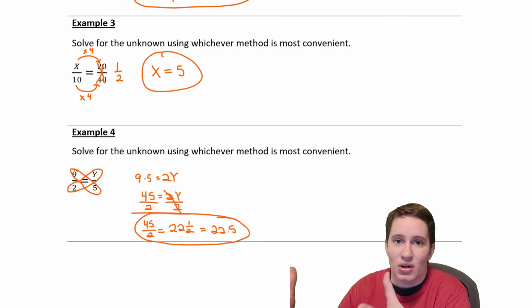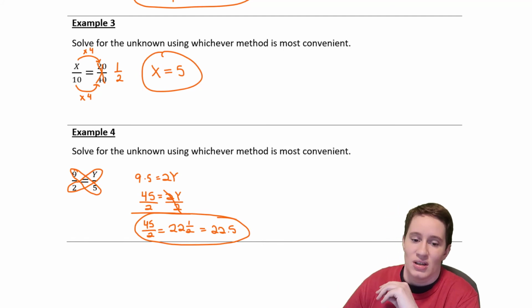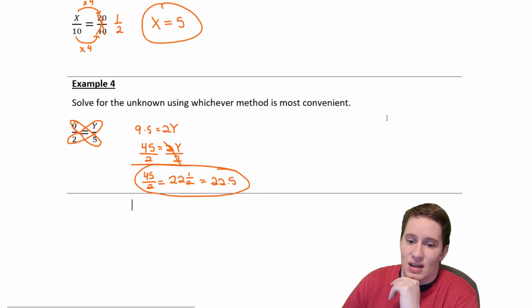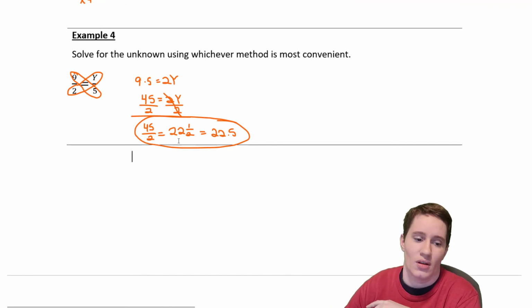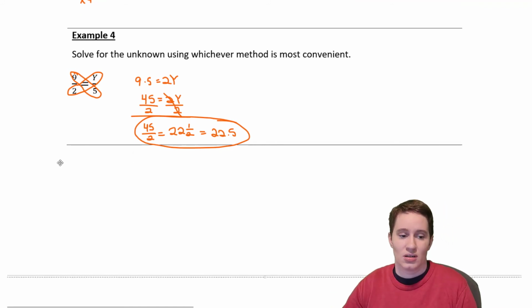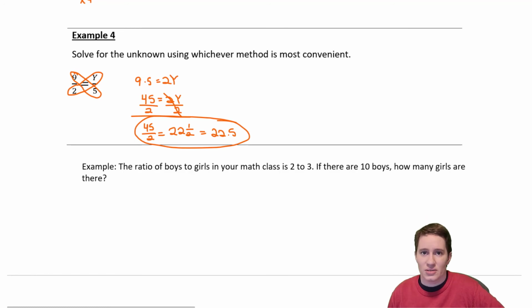So the other thing is we are going to have word problems related to this, where we talk about ratios and things like that. And so I want to give you an example of how that might look. Okay, so here's an example of how they might give it to us in a word problem. The ratio of boys to girls in your math class is 2 to 3. If there are 10 boys, how many girls are there?